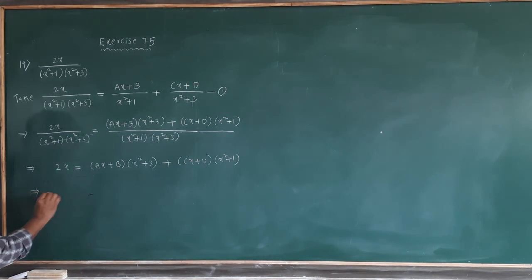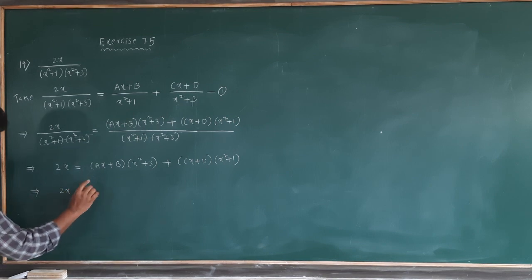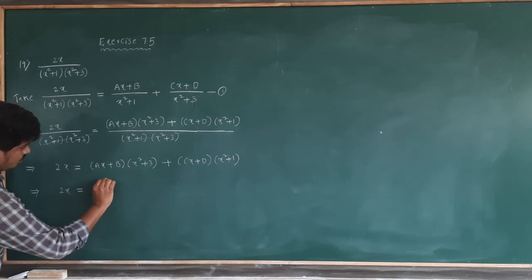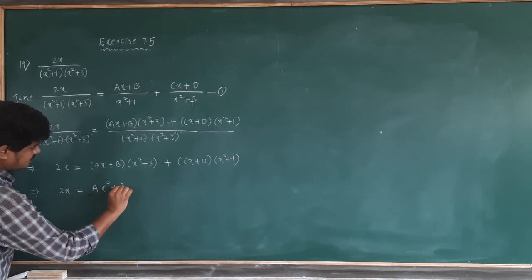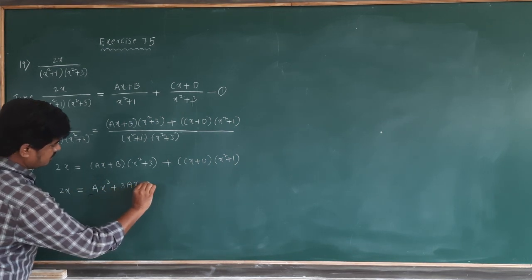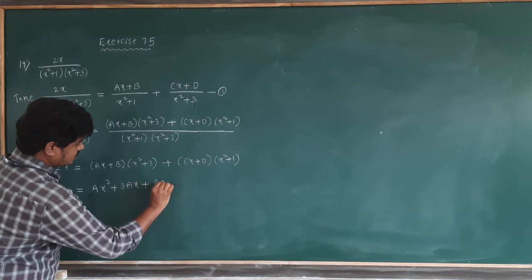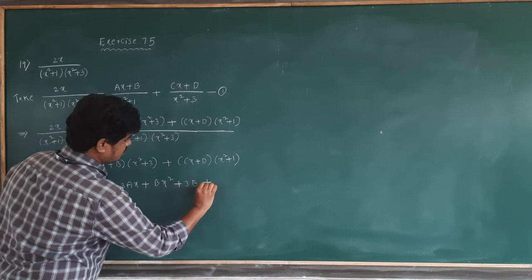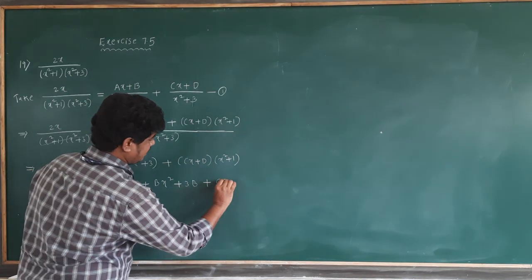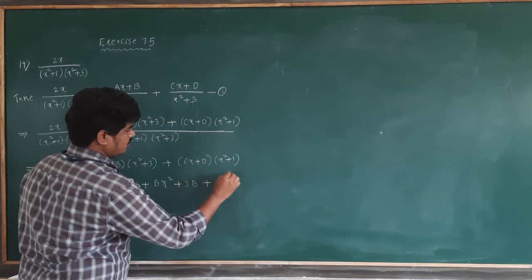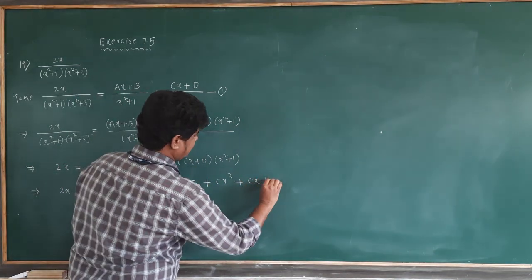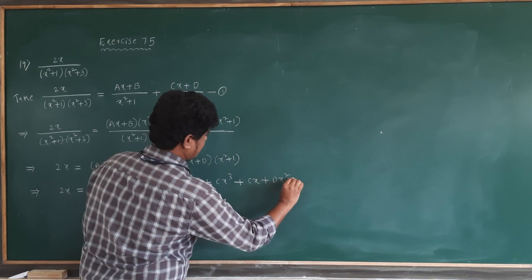So 2x is equal to ax cube plus 3ax plus bx square plus 3b plus cx cube plus cx plus dx square plus d.